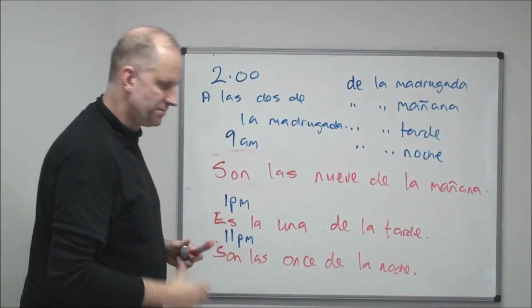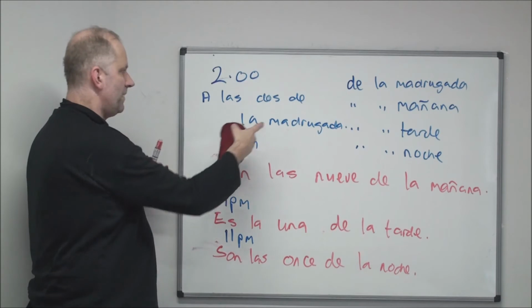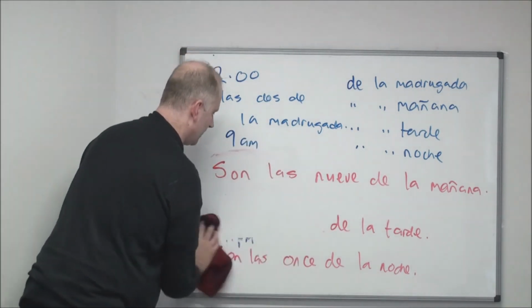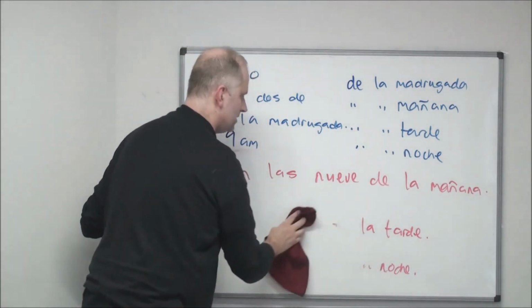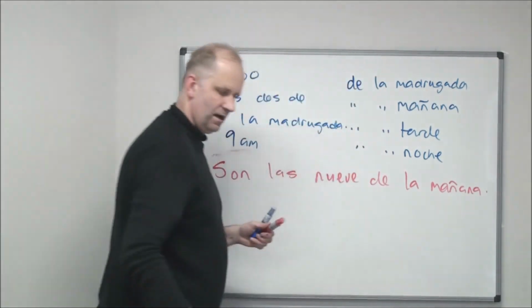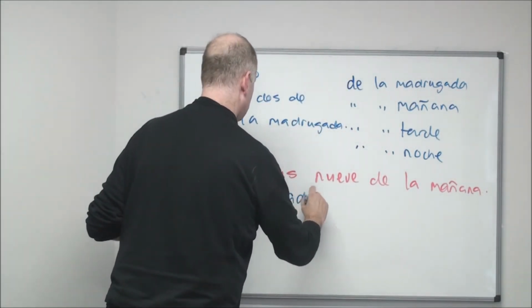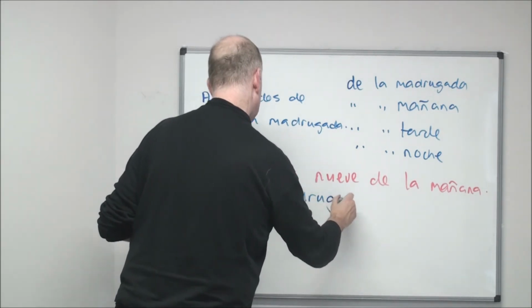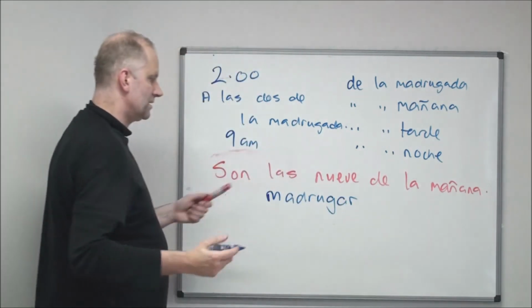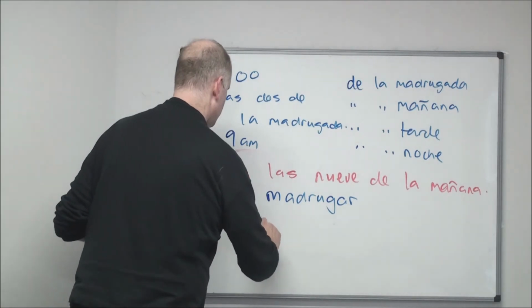Okay, there's a nice expression in Spanish. So, la madrugada, the early morning. Somebody that gets up early in the morning, the verb is madrugar. So he or she gets up early will be madruga.